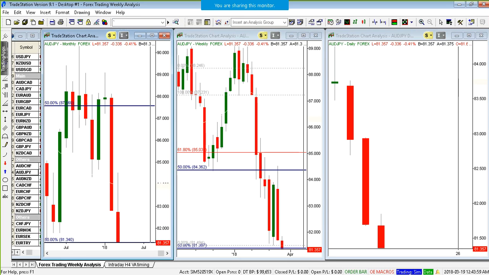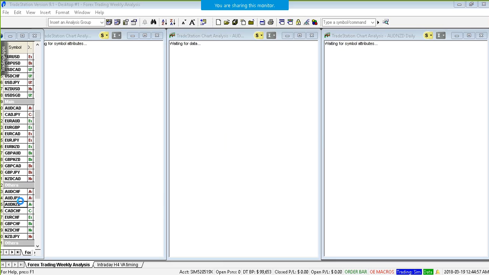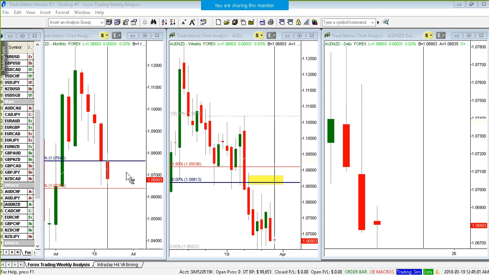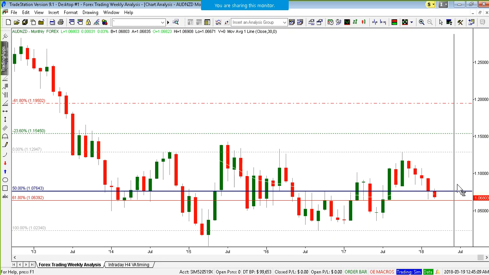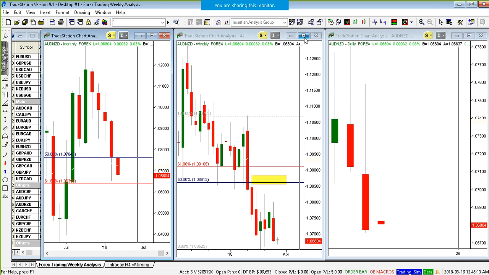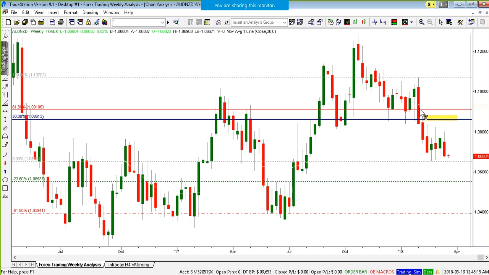Okay, next is the Australian dollar, New Zealand dollar, and this market is also moving lower. You remember that this market has been very technical, and we based our analysis on a failure of the sequence of measure move in the weekly time frame.